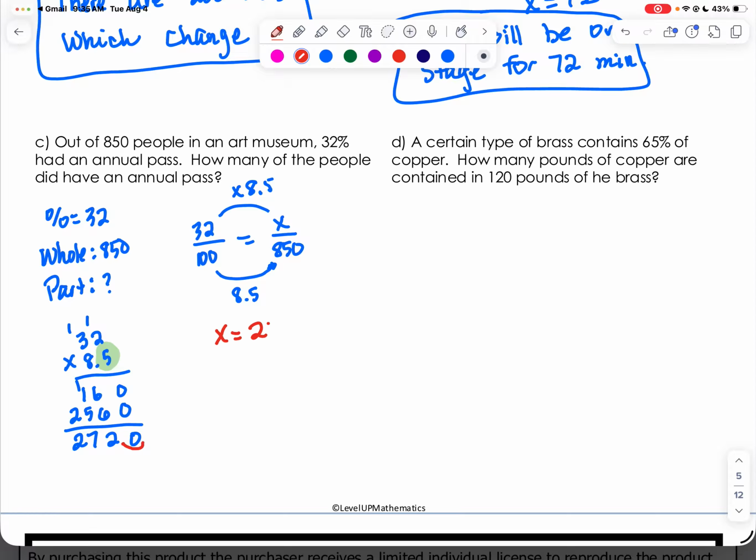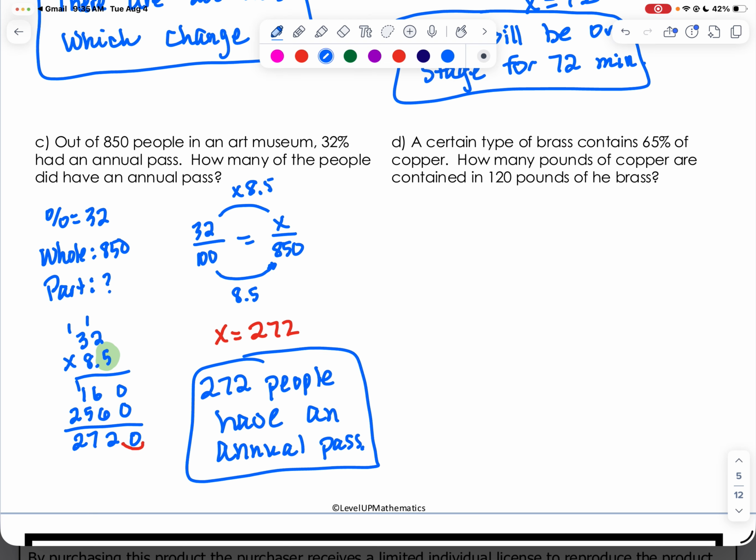And I know that X equals 272. So 272 people have an annual pass.